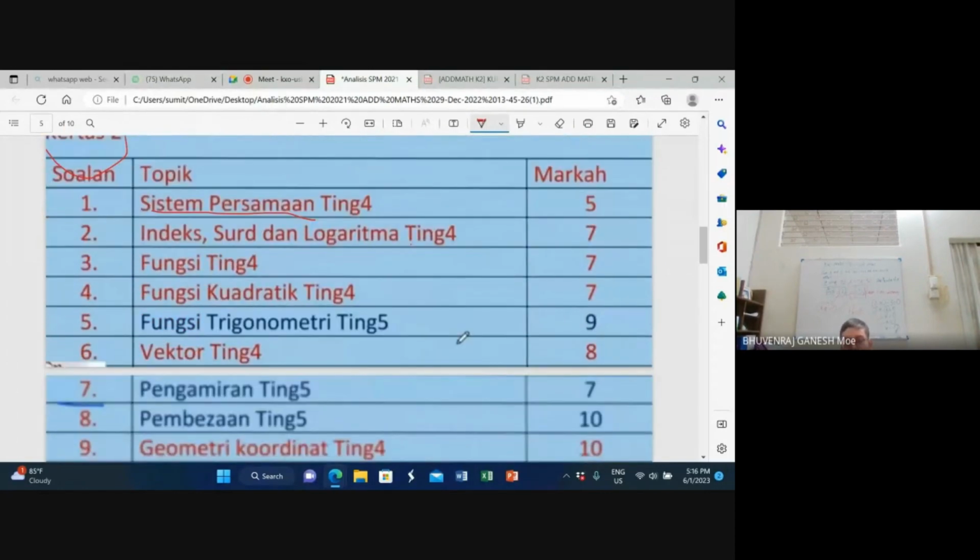Okay. So system of equations, you see, right? Are you okay with it? This number 1, then it's Chapter 3, Form 4. It carried 5 marks.